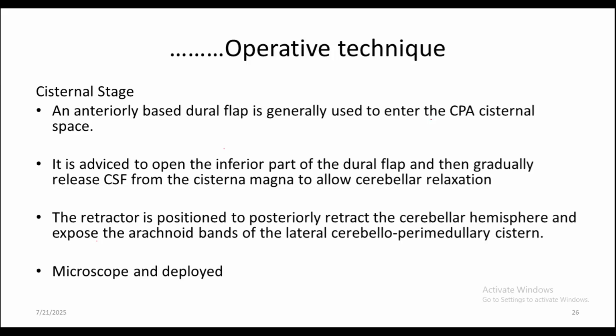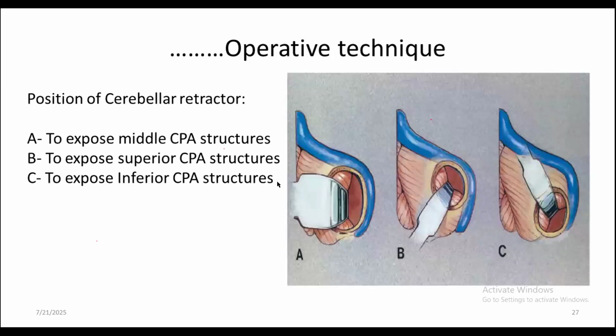At this stage, the microscope is deployed, and dissection is continued. So this diagram just showed a guide as to where to apply a retraction depending on the structures that one wants to expose, whether it is the superior, middle, or inferior part of the CP angle.